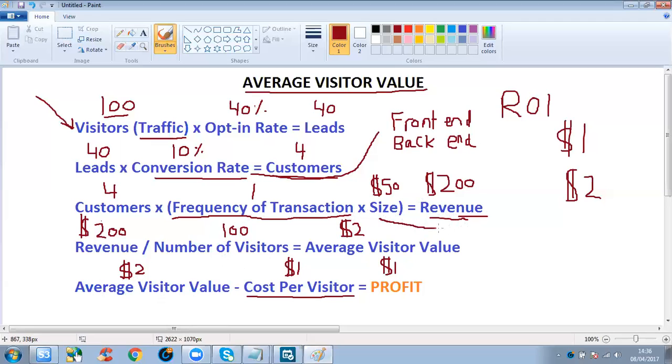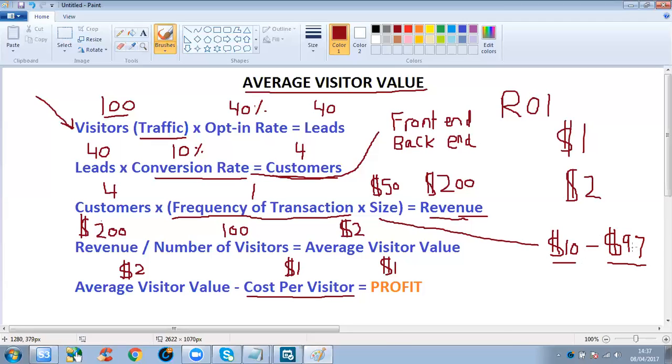The second thing you can do is increase the size of the transaction. I showed you in another video the other day about upsells. So you could have an upsell. They could buy, let's say, a $10 product, and then after they bought that, you could show them a more expensive product, let's say a $97 product, and you will get some of these people who buy this as well, as long as this has more value, and you really explain the benefits of doing this, and they feel like they're getting good value.